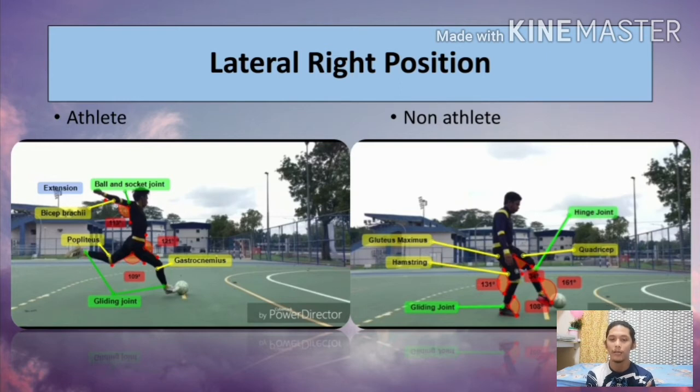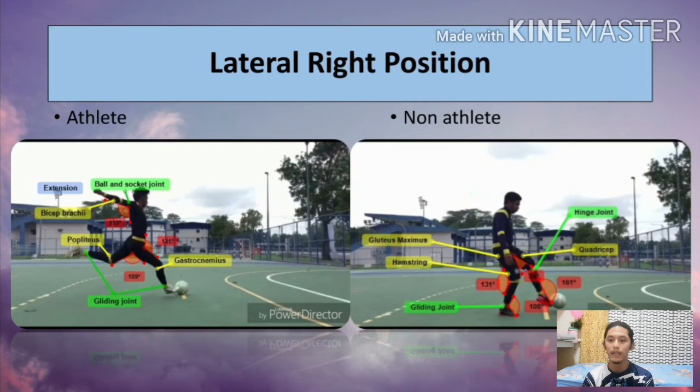From the lateral right position, the angle between the legs for the athlete is wider compared to the non-athlete because the position of the athlete has momentum to kick the ball, while for the non-athlete the legs are very close and the power produced is less compared to the athlete to kick the ball.